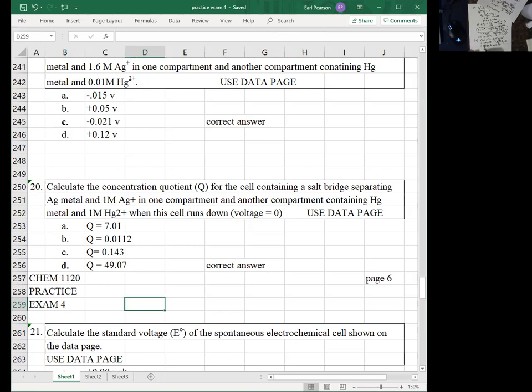All right, so the log of Q is going to be, cross multiplying, 2 times 0.05 divided by 0.0591. And we can do that math. 2 times 0.05 divided by 0.0591, the log of Q, is going to be 1.692.